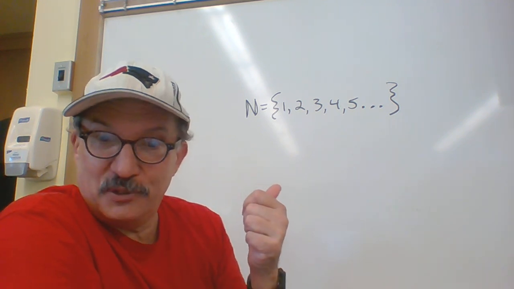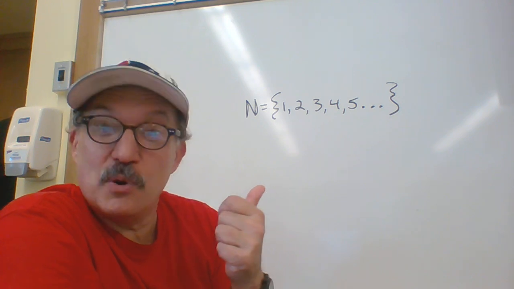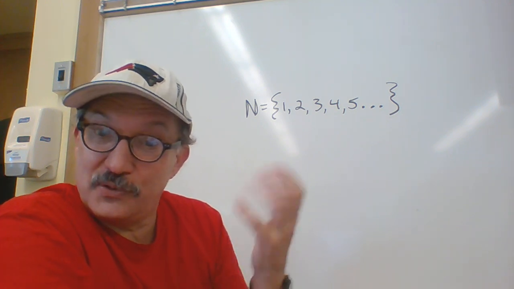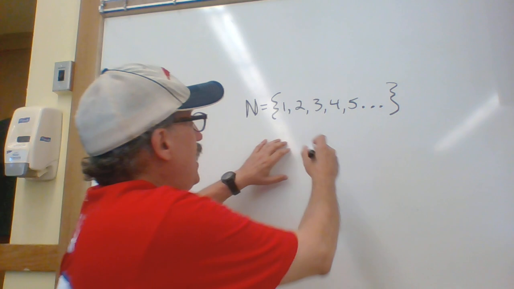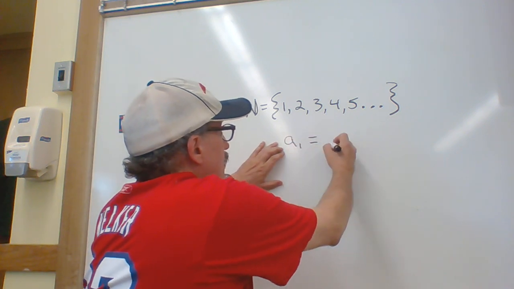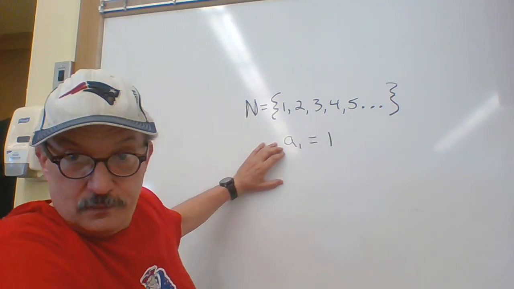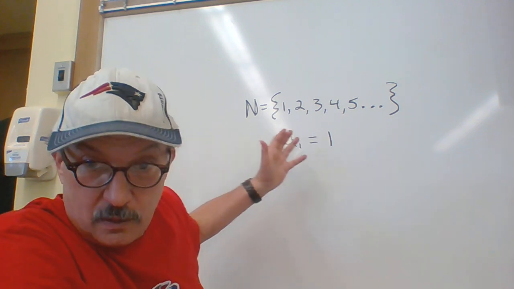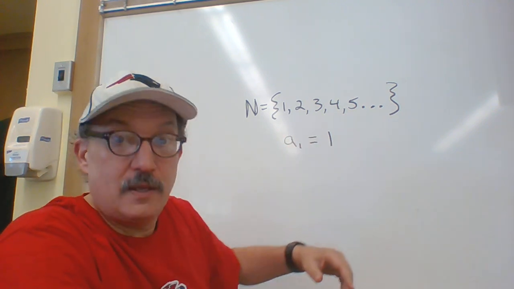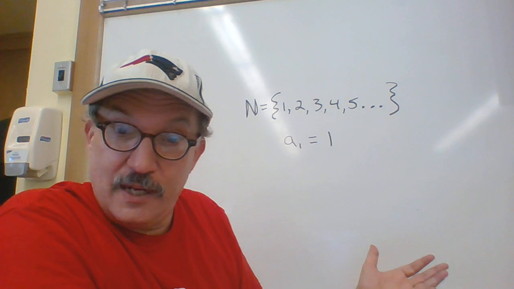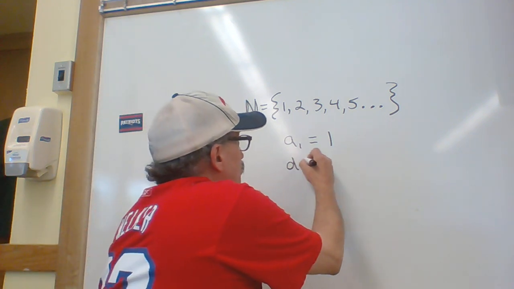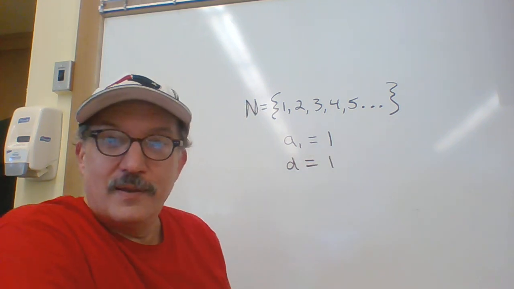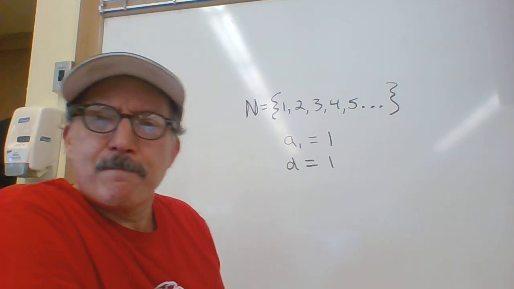The natural numbers are an arithmetic sequence. They are the most basic arithmetic sequence that you can imagine. A sub 1 is 1. For the natural numbers, we start with 1. That's why they're called natural or counting, right? And what's the difference? What do you add to each term to get the next one? Also 1.